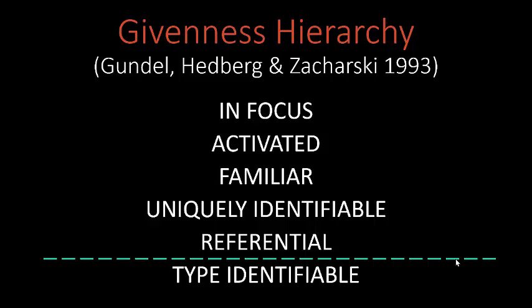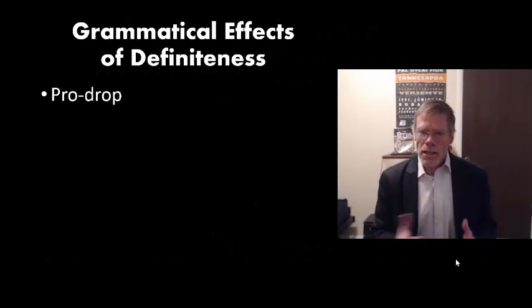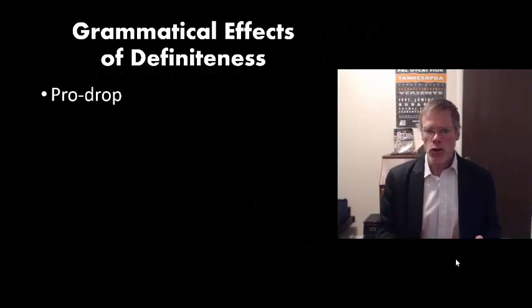Now, this isn't perfect, and there's been a lot of criticism of this approach, but it is, at least intuitively satisfying to think that there's the same sort of cognitive hierarchy to the linguistic hierarchy that I just mentioned in terms of definiteness.